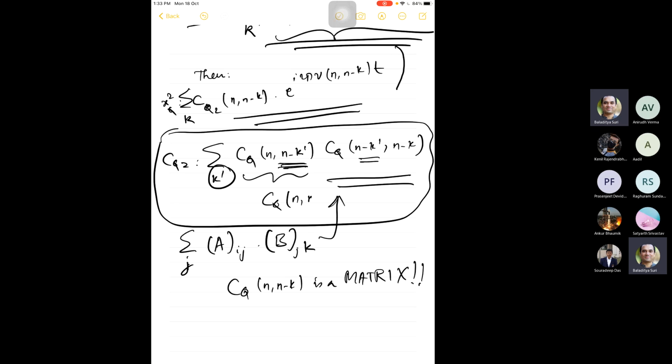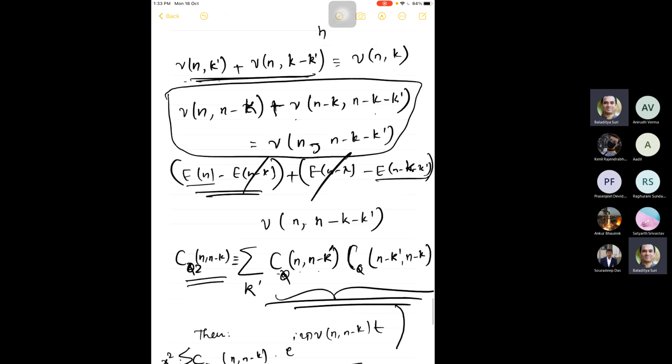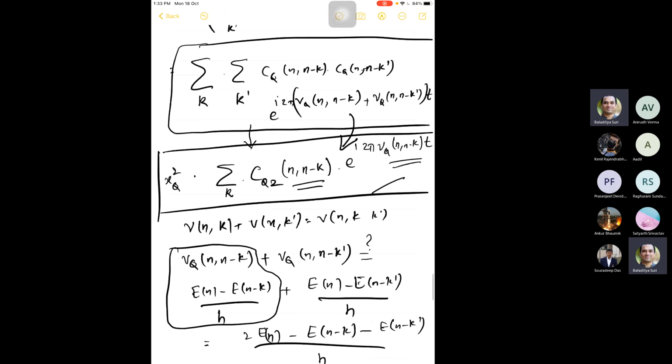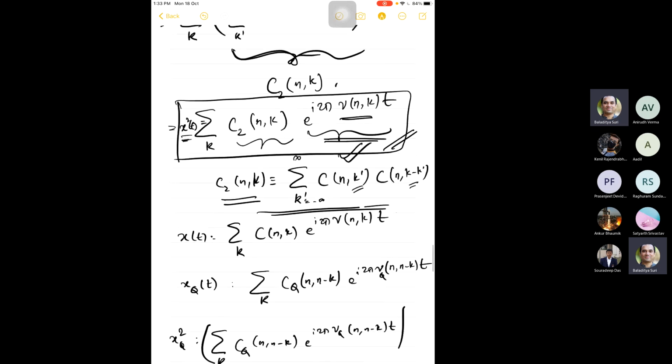All right. So it is just a relabeling exercise. The reason why we impose this condition on these CQs is because we want a final form which looks like this. And what is the motivation for this final form? It's very simple. It is the closest you can write to a classical Fourier series. By the same logic, he applied it for x of t. X squared of t is also a similar quantity.